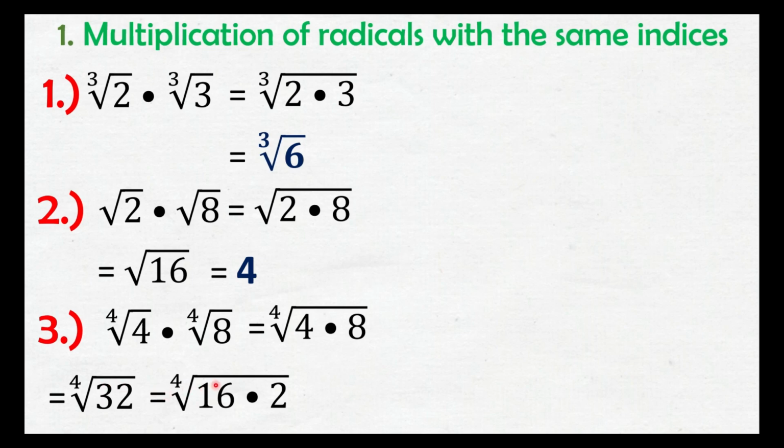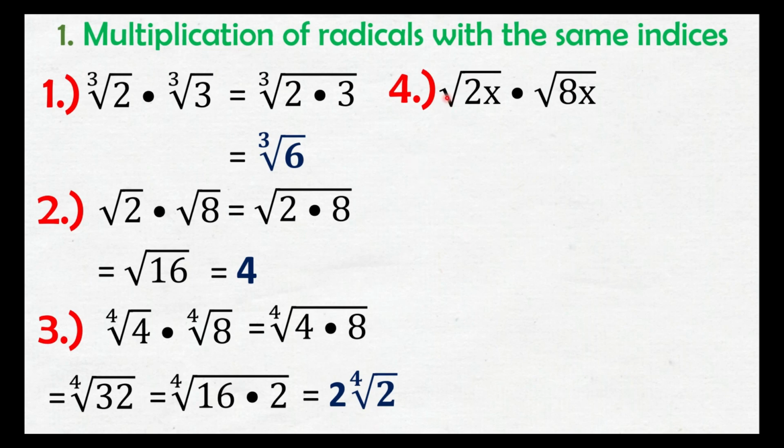Kaya finactor ko siya as 16. Si 16 kasi perfect 4th power siya. So, 16 times 2, that is 32. At yung 4th root ng 16 ay 2, kasi 2 times 2, 4 times 2, 8 times 2, 16. So, malalabas natin si 16 as 2. We have 2 times the 4th root of 2. Ito na yung final answer natin.